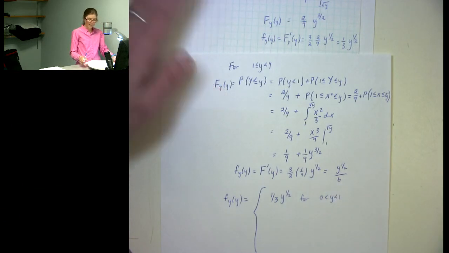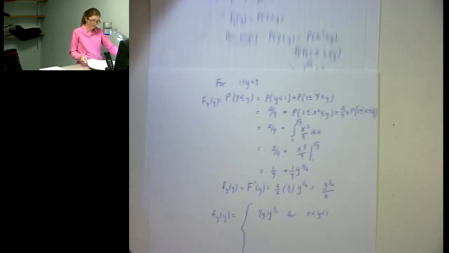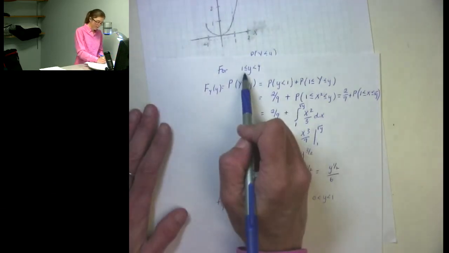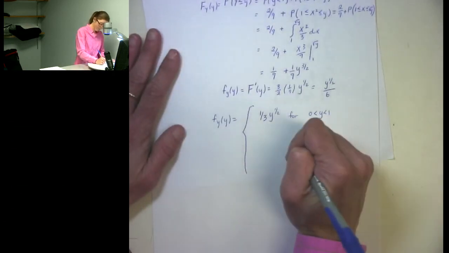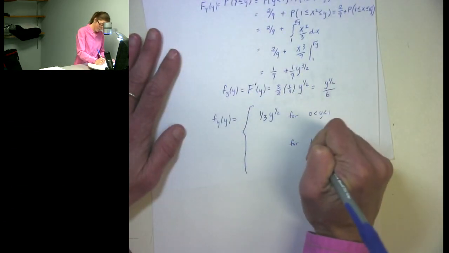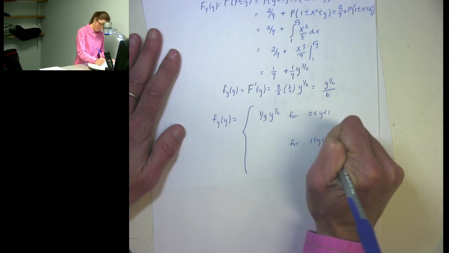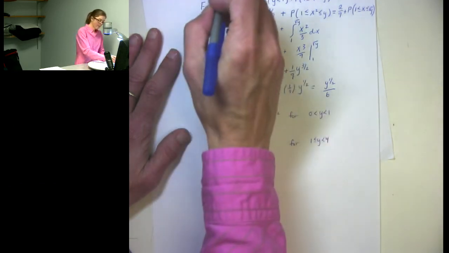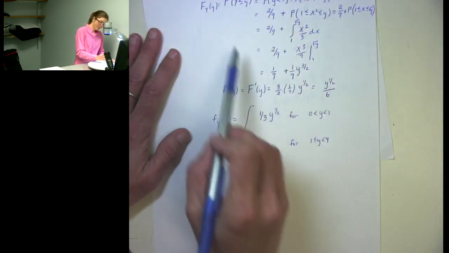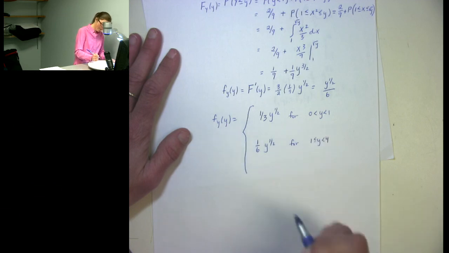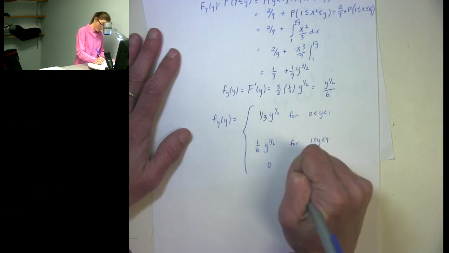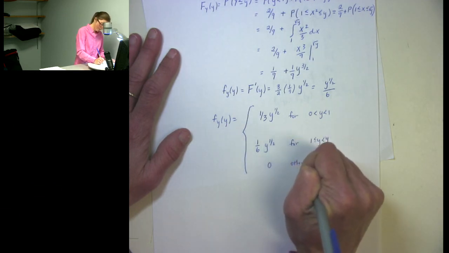And we just found up above that for y between 1 and 4, the probability density function is 1/6 y to the 1/2, and would be 0 otherwise.